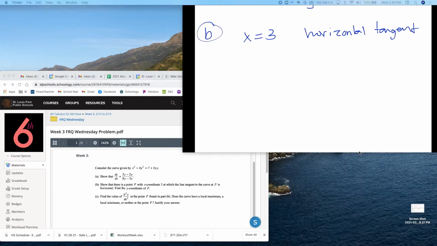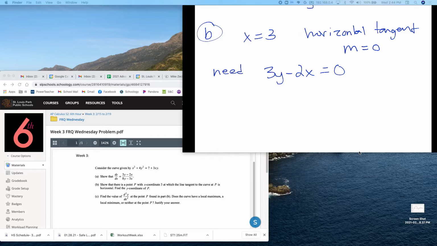And then it says find the y coordinate. Now here's the key. If you have a horizontal tangent, the slope is equal to 0. So we need the top of that derivative, 3 minus 2x, equals 0. That's worth a point. Just writing that is worth a point.